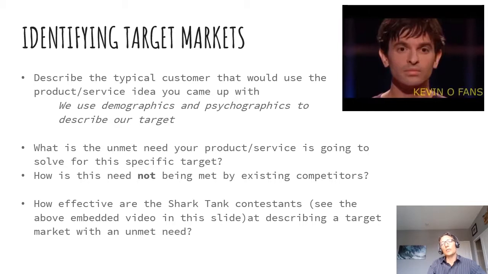Now, I already explained what demographics are. Psychographics is a second layer of describing your target audience, and psychographics includes things like attitudes, interests, opinions. So I might say, okay, you're a white male, between the ages of 45 and 55. You're liberal.